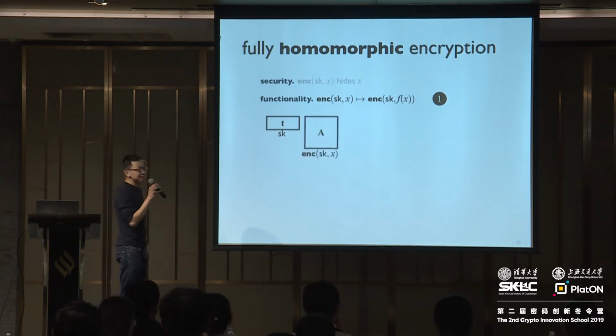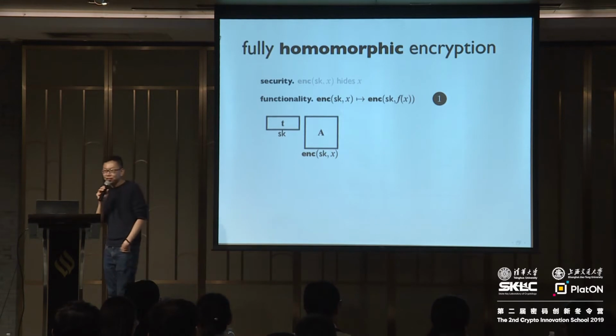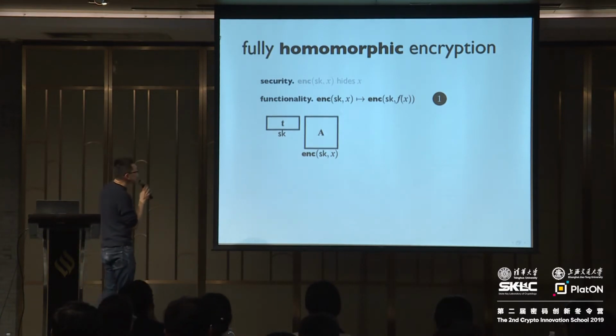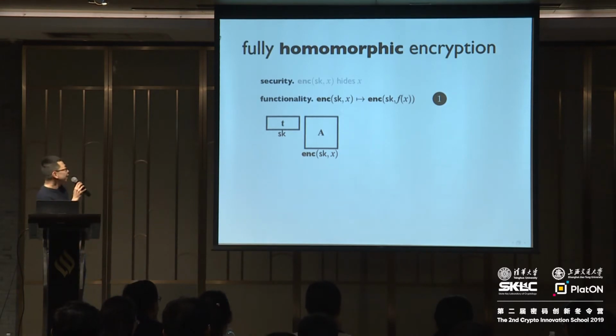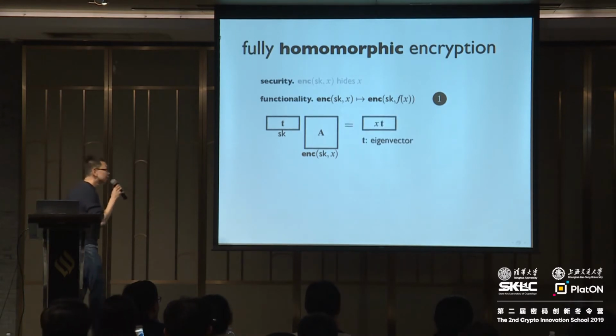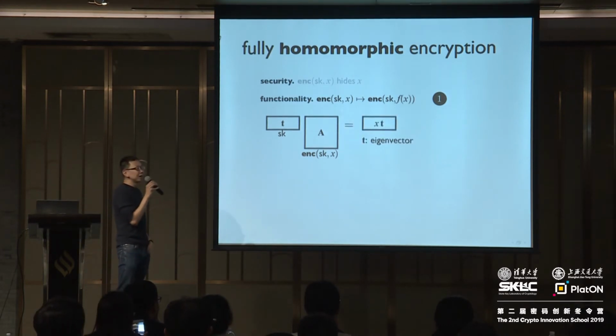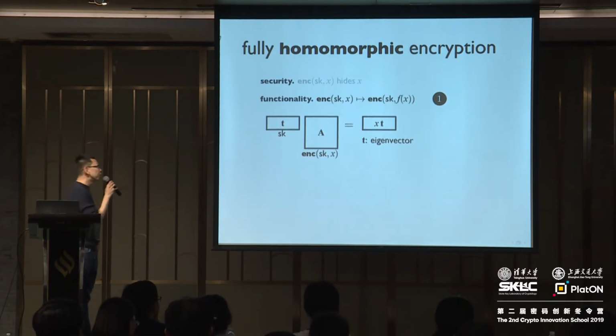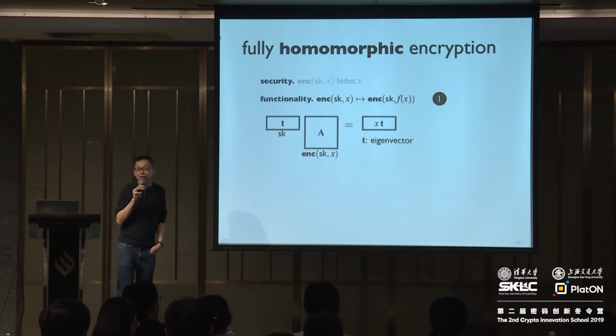Encryption of X is going to be a matrix. In fact, it's going to be a square matrix A, with the property that t times A is equal to X times t. Think of A as a uniformly random matrix subject to the constraint that t A equals X t.